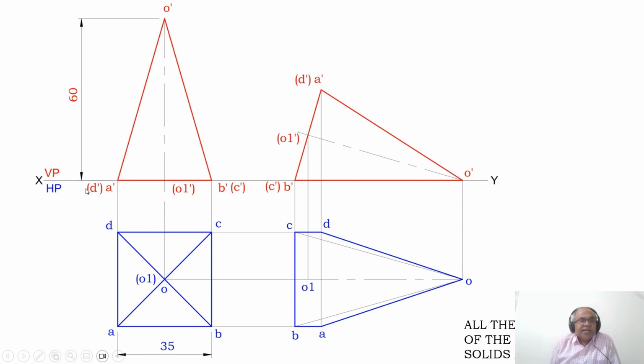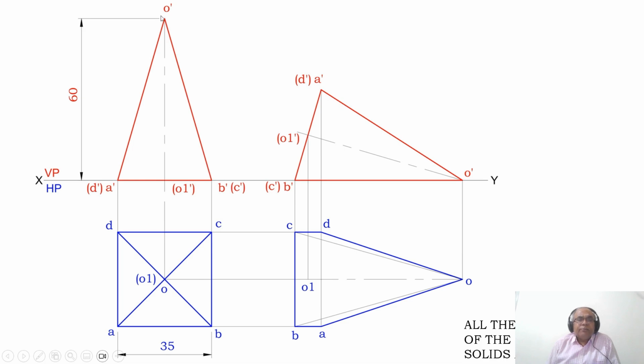Since O dash, A dash, D dash is one triangular face and O dash, B dash, C dash is the other triangular face, if you want to keep it on O dash, B dash, C dash, then you rotate it in the clockwise direction. If you want to keep the triangular face O dash, A dash, D dash on HP, then you have to rotate in the counterclockwise direction, because both of these surfaces are triangular faces.